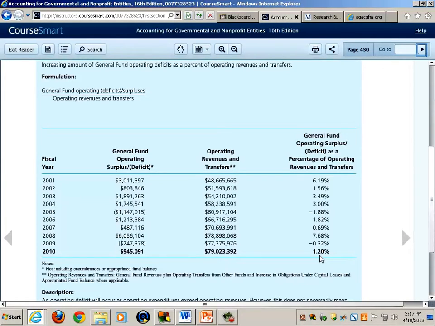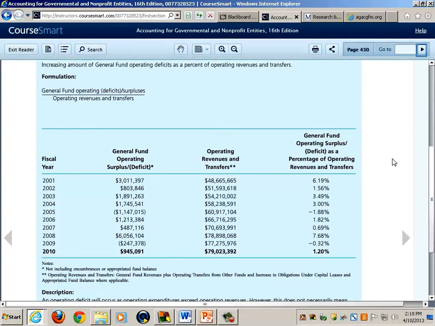Now, this doesn't have to be done by a rating agency. The CFO or the staff of the agency of the state might do this themselves. And they might be required to do that as part of their bond offering. The book talks about this, it's called a performance evaluation, on page 434.